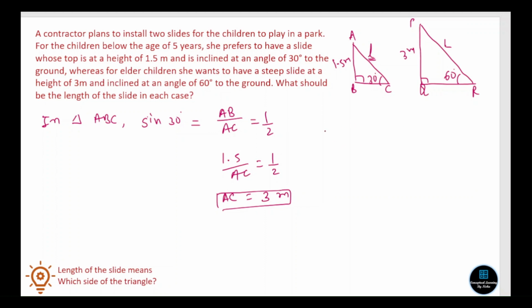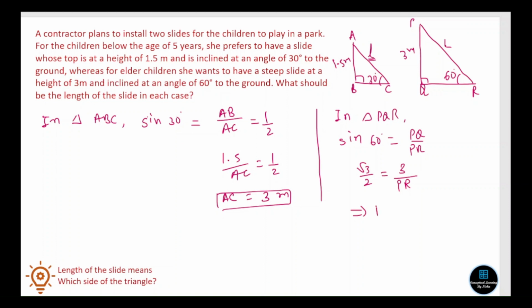Now similarly we'll find the length of the other slide. In triangle PQR, sine 60 is equal to PQ upon PR. So root 3 upon 2 is equal to PQ, which is given to us as 3 meter, and we have to find PR.